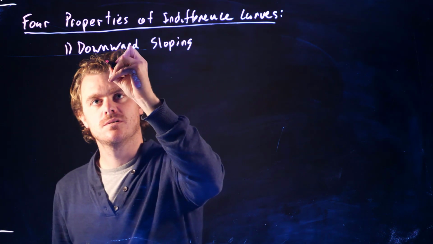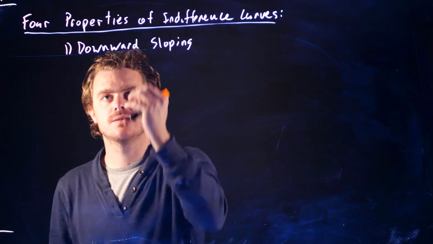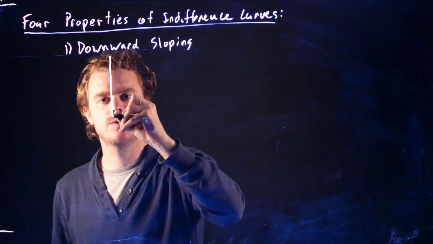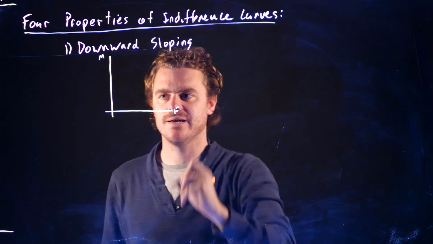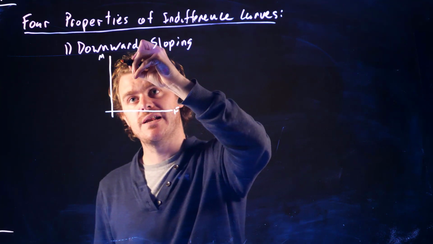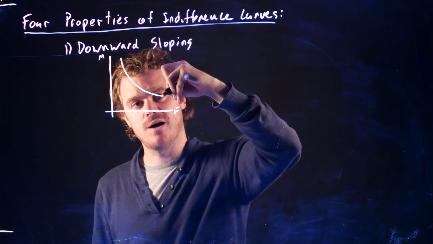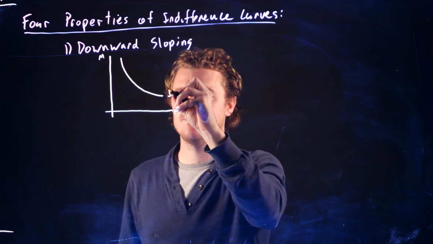And why we know this is going to be true is that if we drew out our indifference curves like we just did with mangoes and fish for Alex, remember that indifference curves show the different combinations of goods that give them the same total utility.